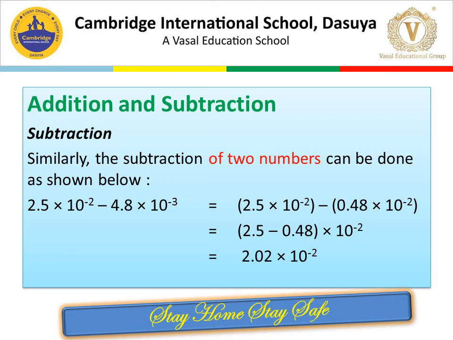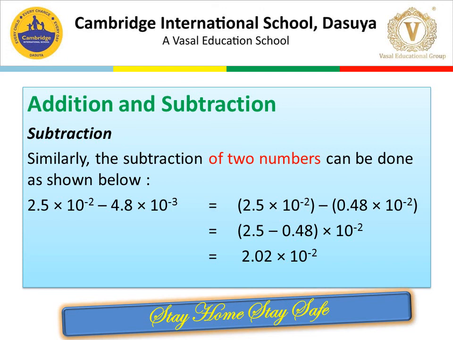So we have put them in brackets first: 2.5 into 10 power minus 2 minus, instead of writing it as 4.8, we are writing it as 0.48 into 10 power minus 2. So we have shifted the decimal place toward the left in the second term.